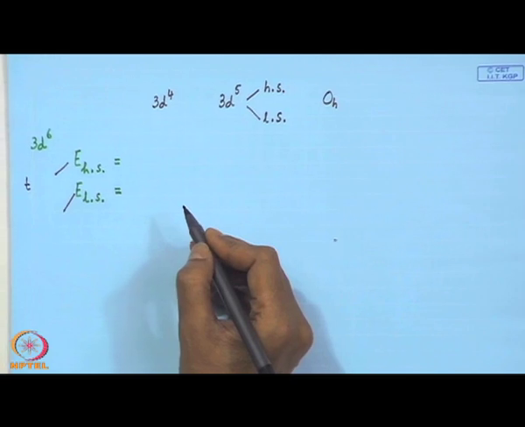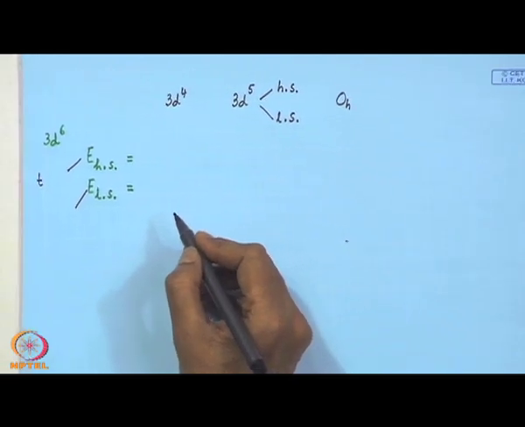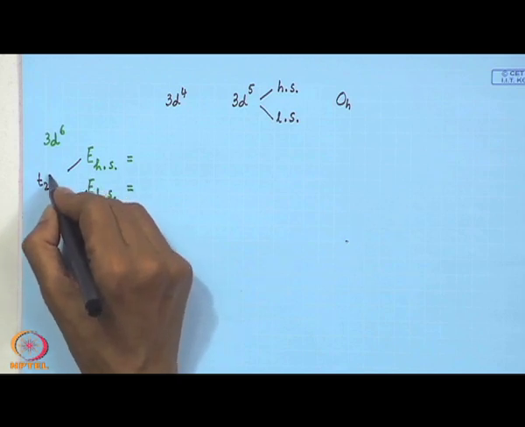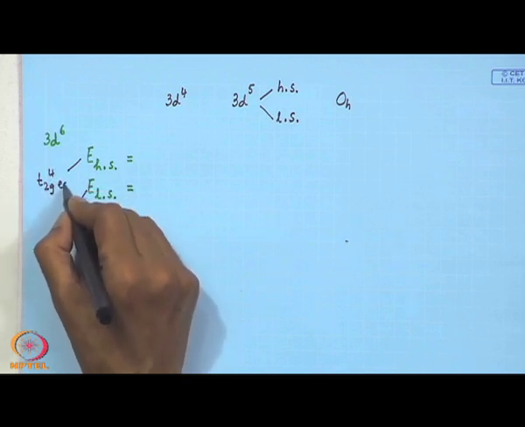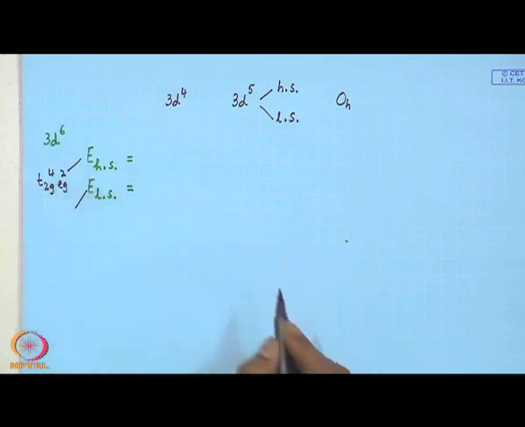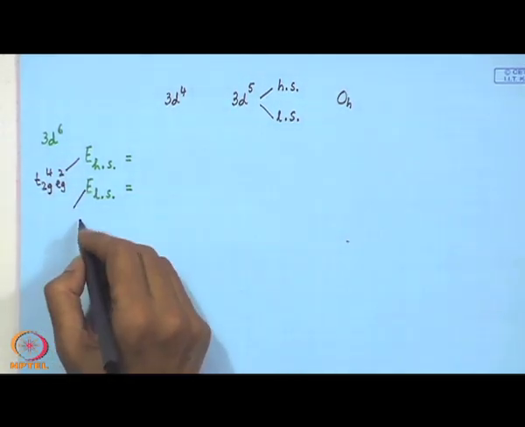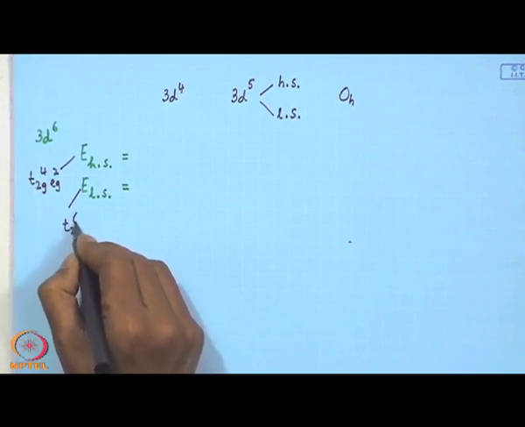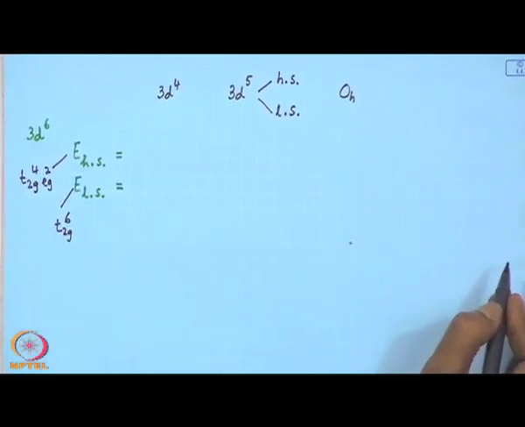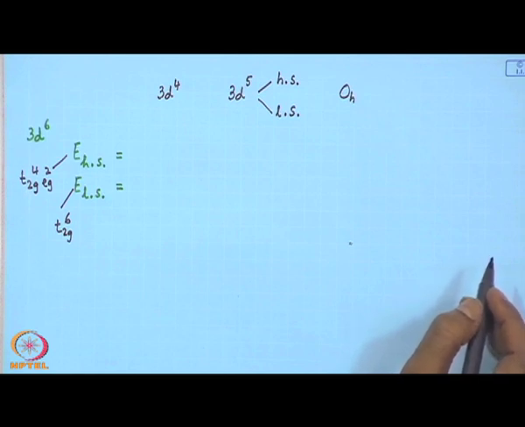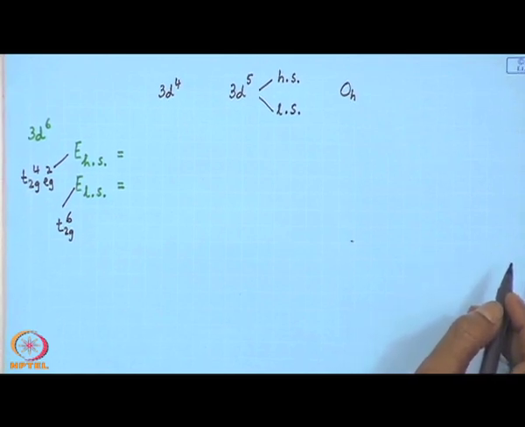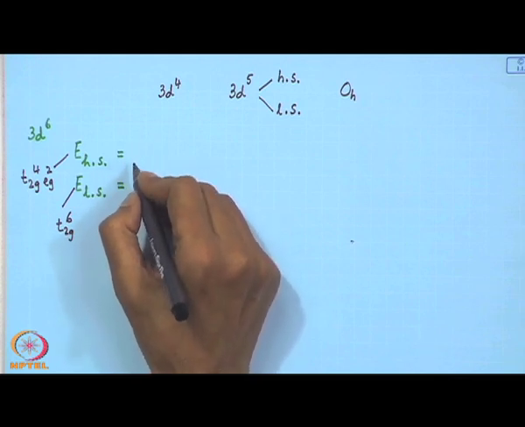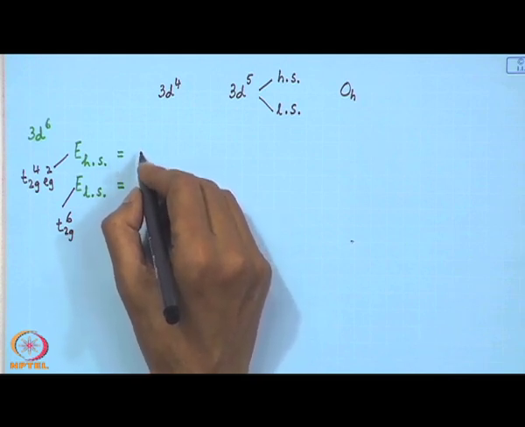One is the corresponding t2g4 eg2, and in case of the low spin it is t2g6. These two situations can very nicely be handled if we determine the corresponding values for the high spin and the low spin configuration.